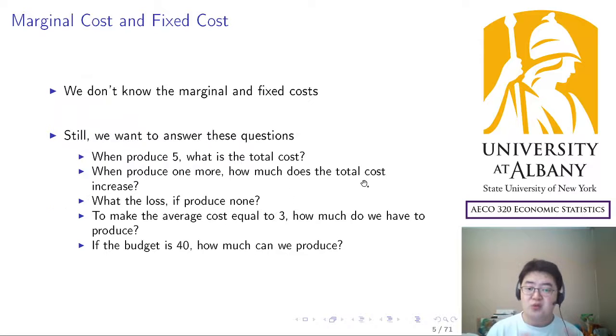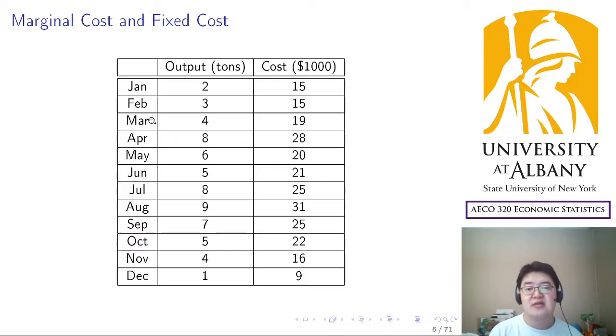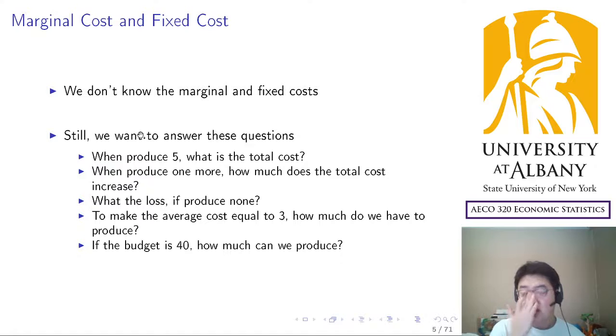These kinds of questions are important when you do business, or when you try to maximize your profit, but they are impossible to answer without estimating the cost parameters. That's what I would like to say here. This is why we are studying economic statistics.